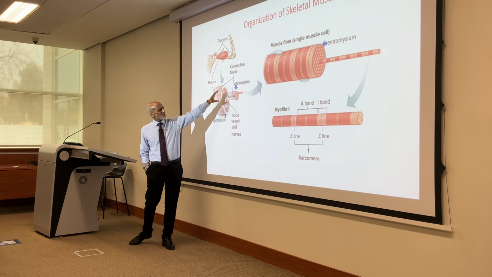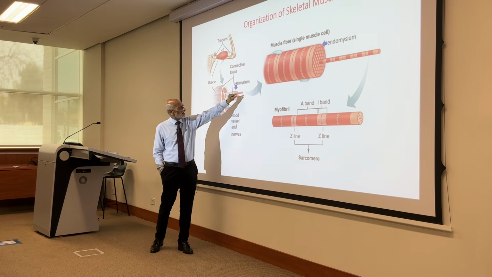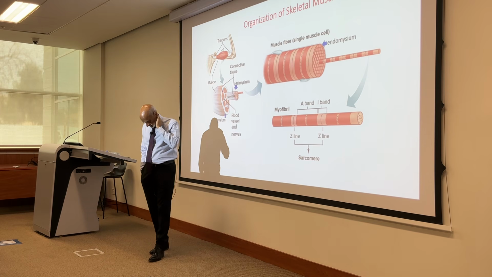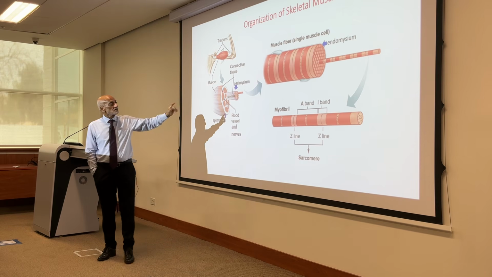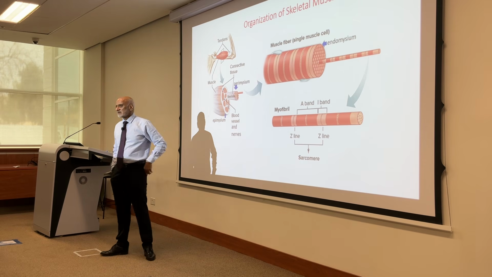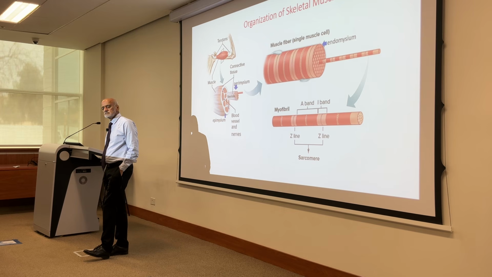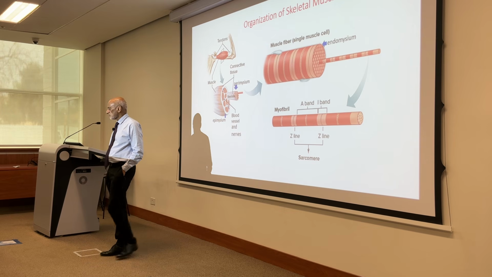So now you look at that one bundle, and you pull out one bundle, and now you have a muscle fiber. Are we okay so far? You have a muscle fiber.